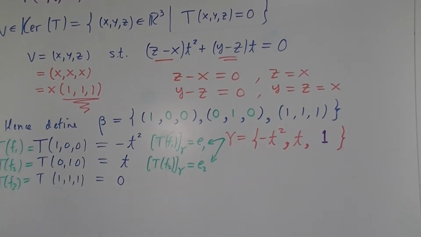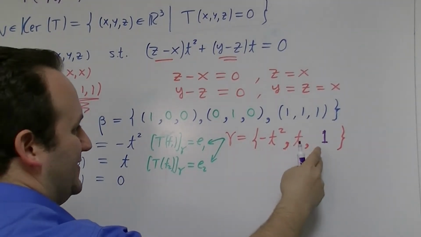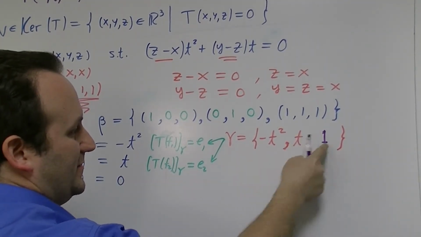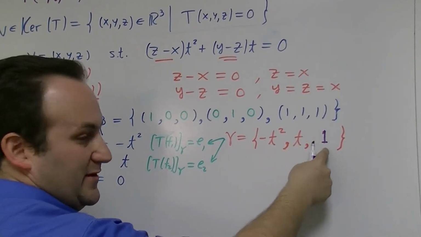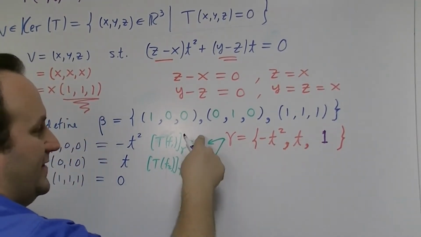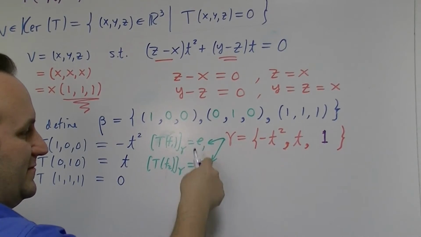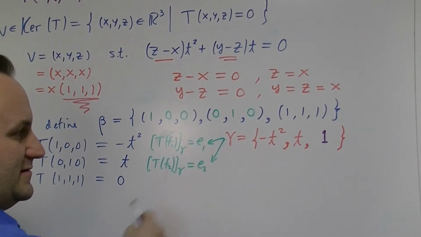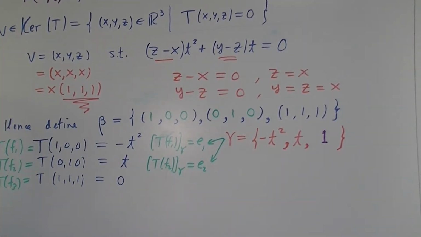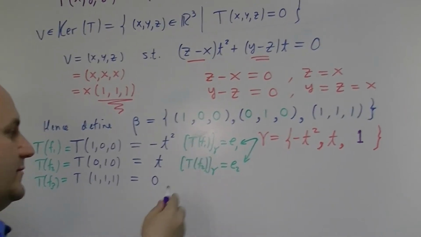Then you notice that it actually matters: if I had put something with a t or a t squared dependence here, these wouldn't have worked out like that necessarily. But anyway, there you go.